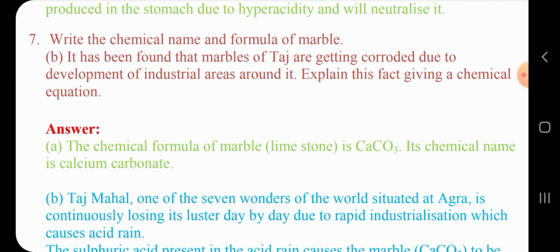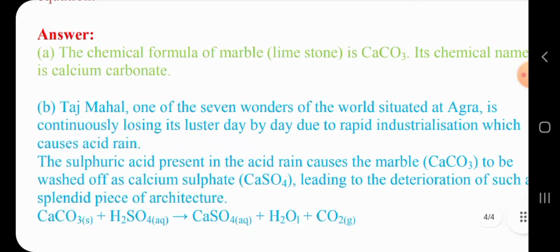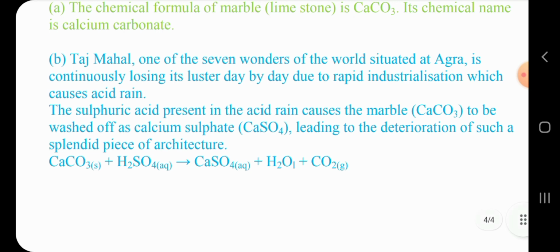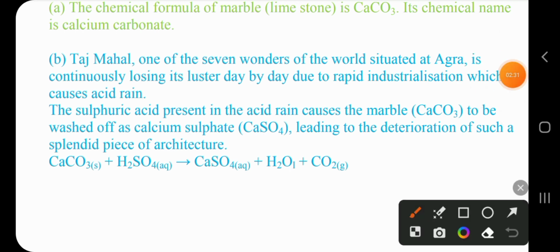Next, it has been found that the marble of the Taj is getting corroded due to the development of industrial areas around it. Explain this fact giving a chemical equation. The Taj Mahal is made of calcium carbonate, and it is continuously losing its luster day by day. The cause is acid rain, which contains different types of acid like sulfuric acid, hydrochloric acid, and nitric acid.